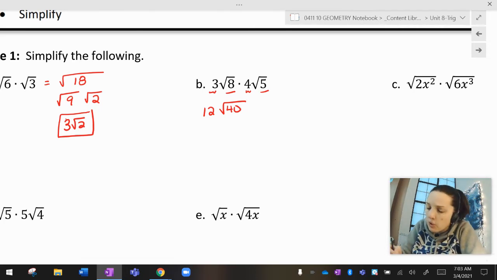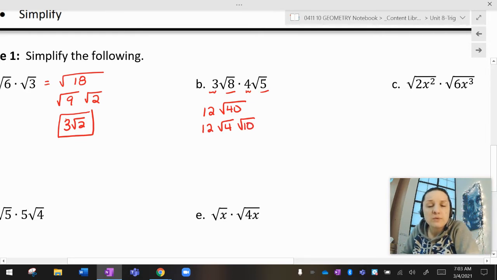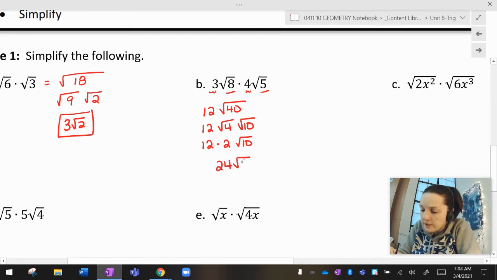So 4 is the only factor of 40 that's a perfect square. So I'm going to rewrite square root of 40 as square root 4 times square root 10. The square root of 4 is 2, and so this becomes 24 times the square root of 10.